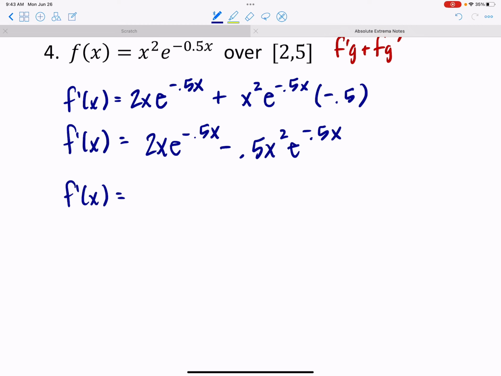Factoring would be helpful for the process of solving that we're going to get to, and we can definitely take out an e to the negative 0.5x here, and then we're dealing with the 2x that's left and the negative 0.5x squared, and factored form would be perfectly acceptable too, but this negative exponent here I would probably fix as well.